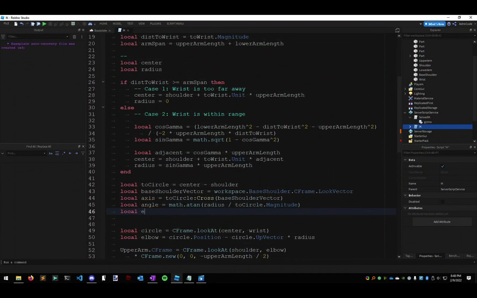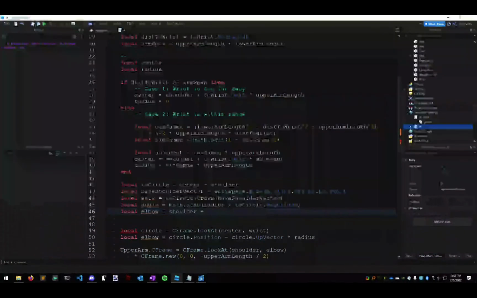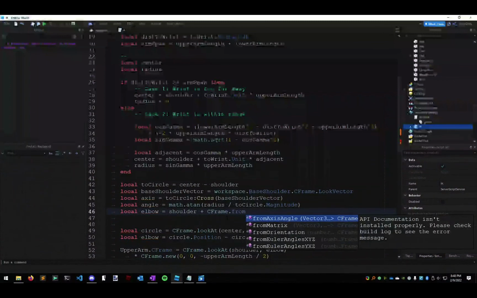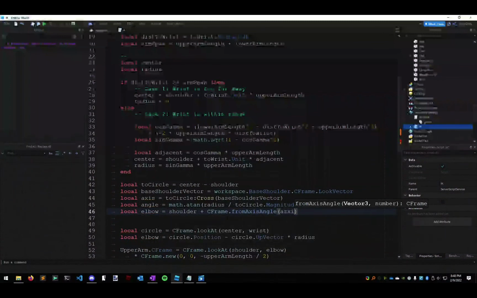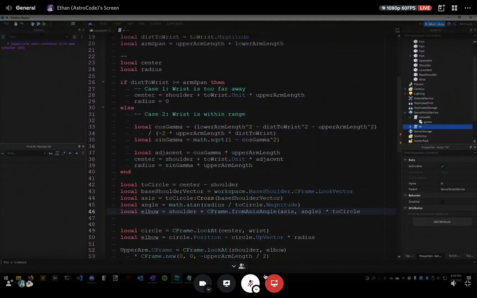Okay, and then that places the elbow. Right, we start from the shoulder, and then we want an axis angle rotation. And the vector that we're rotating is, right, it is the two circle vector, I believe.